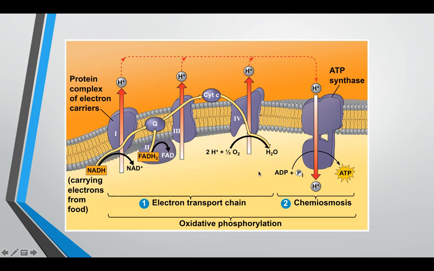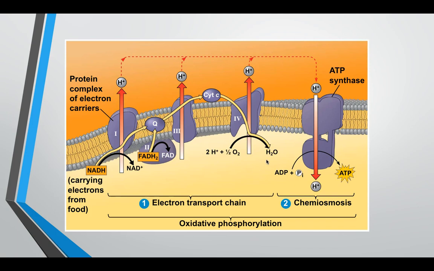Why is oxygen important? Oxygen is the final electron acceptor. Oxygen is very reactive. It is going to have a very strong pull on electrons. So when these electrons are brought to these protein complexes, oxygen is essentially sitting over here pulling those electrons down the electron chain.